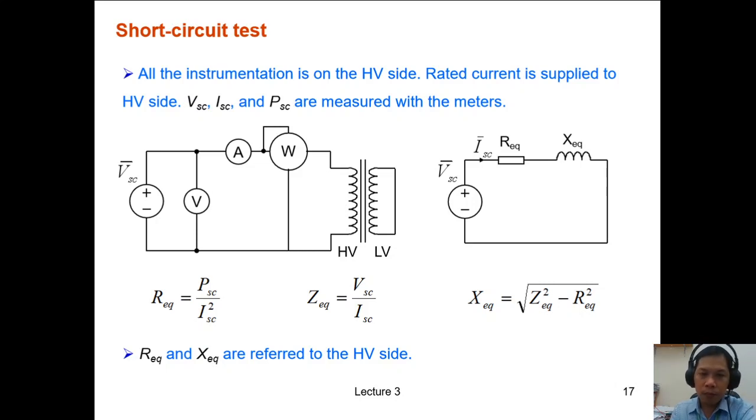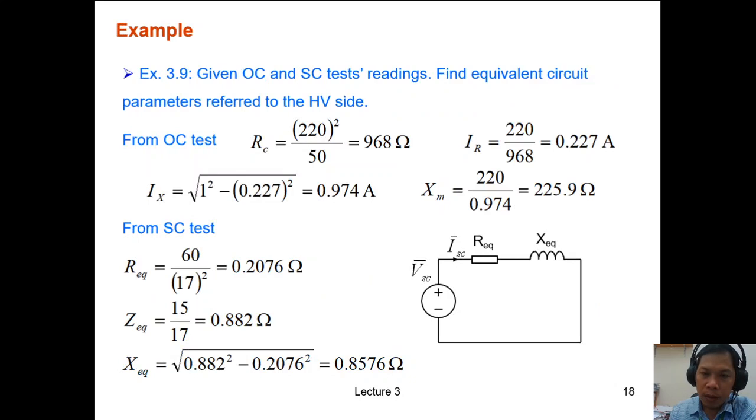And remember, by doing these circuit tests, we can only form the approximate equivalent circuit. In example 3.9, we are given the OC and SC test readings. So three quantities in each test, and then we need to find the equivalent circuit parameters referred to the HV side.